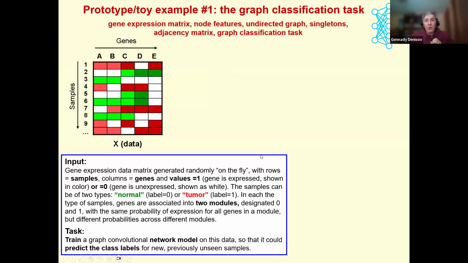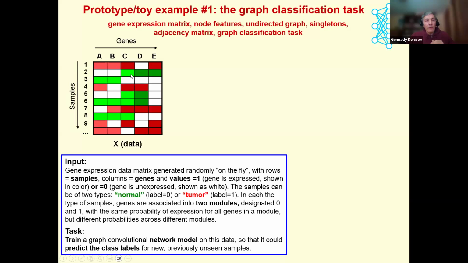This example will take as input synthetic ground truth data represented by this matrix, where the columns represent genes, the rows represent samples, and the values in the matrix are either 0, shown in white, which means the gene is not expressed, or it may be 1, shown in color, red or green.